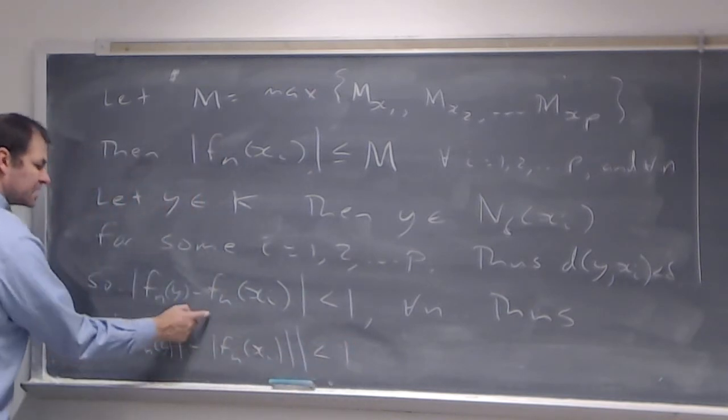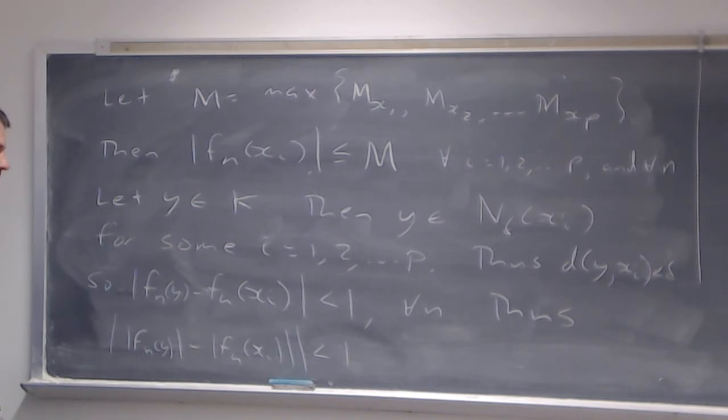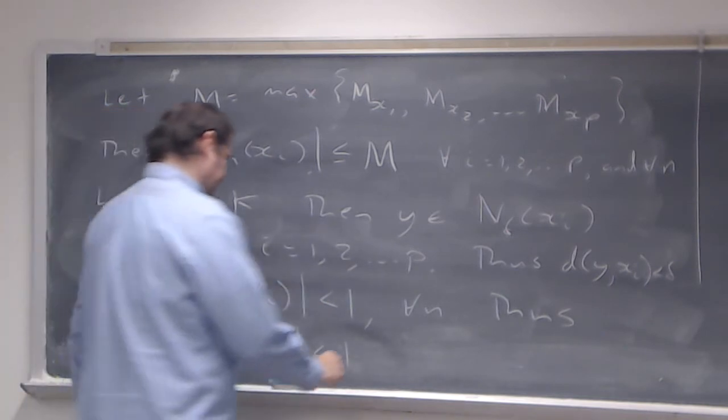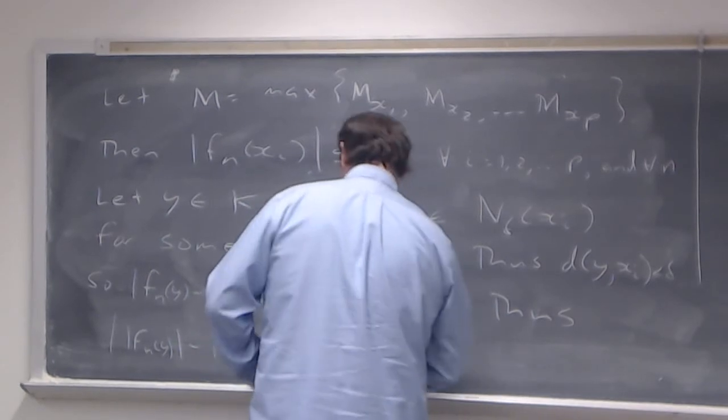So what I just wrote is smaller than what's above, and since what's above is less than 1, the smaller thing has to be less than 1, and that's true for all n.